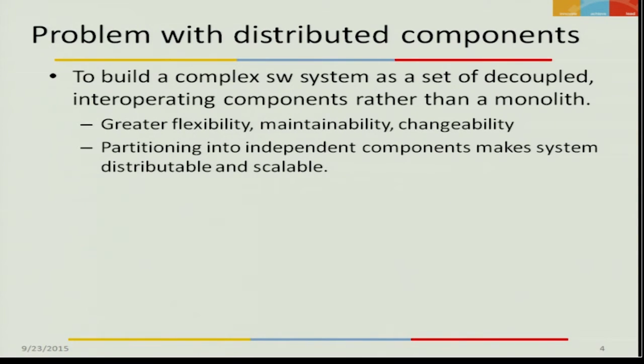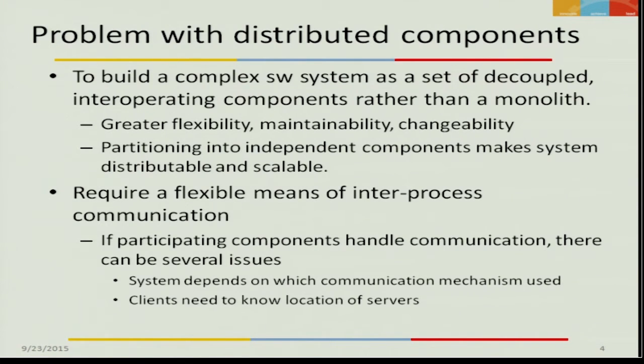And this partitioning of the system into independent components of course makes the system easily scalable, but the problem here is that partitioning it into independent components is not that easy, specifically if you have a monolith system. So partitioning is definitely not easy.